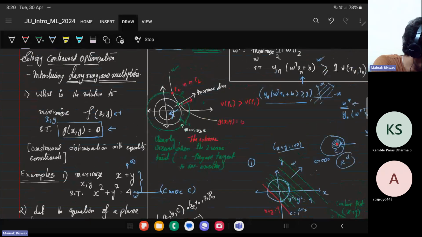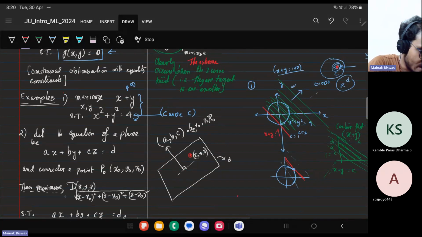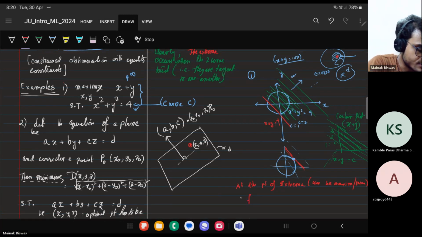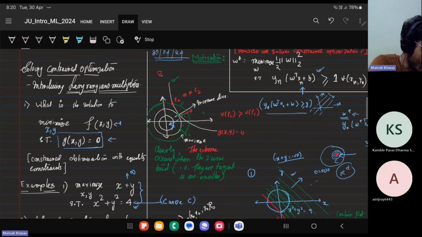Do you agree with me that at the point of extrema, which can be maxima or minima, the gradient of f will be parallel to the gradient of g, right? Gradient of f will be parallel to the gradient of g because they're touching, right?